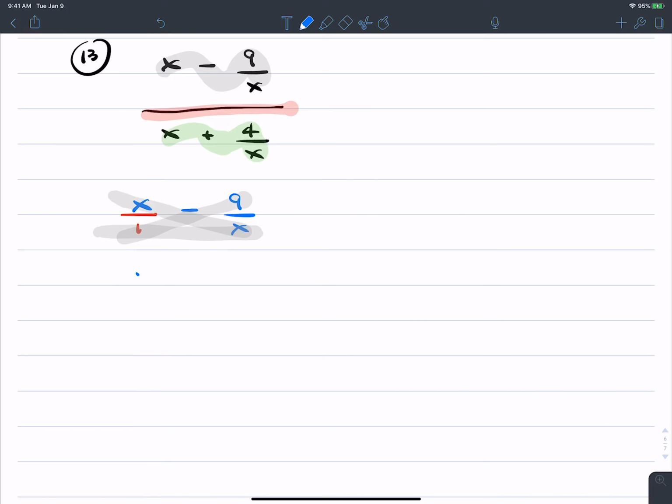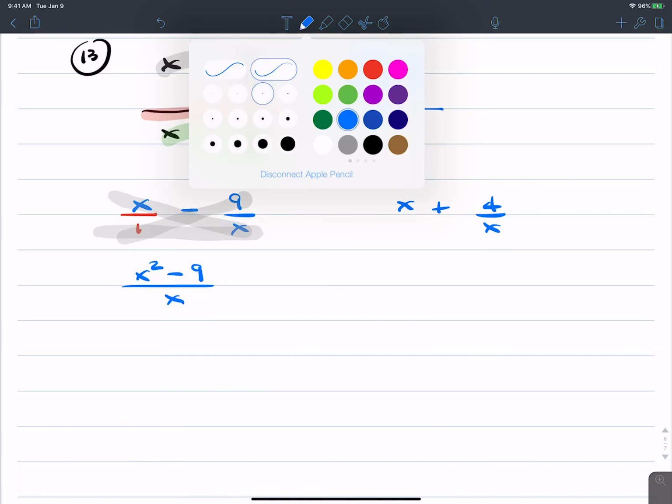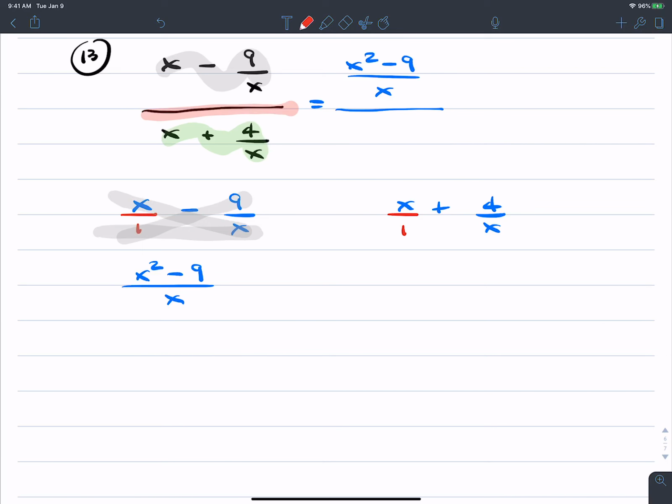So we'll end up with x squared minus 9 over x. And that's the first fraction. That's the one on top. X squared minus 9 over x. The second fraction you have x plus 4 over x. And this will be over what? Over 1.